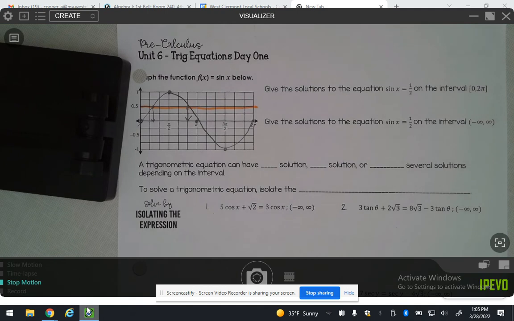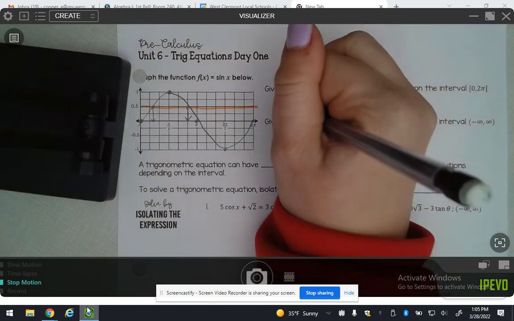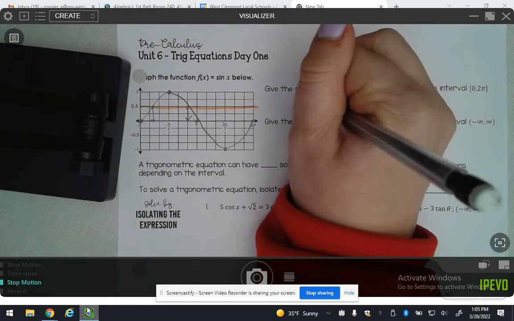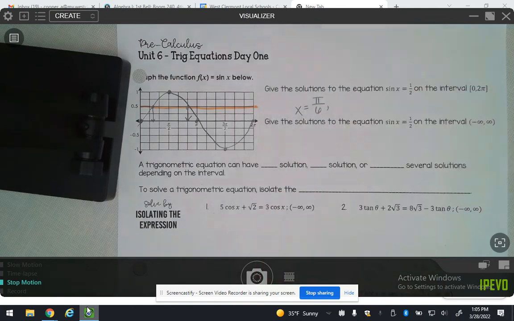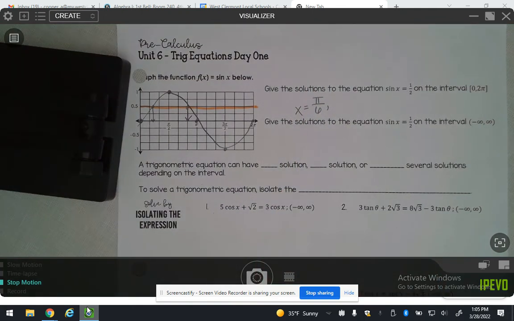What other quadrant is sine positive in? 2. So if I know my first one is pi over 6, what's my second quadrant pi over 6 angle? How do we know it's in quadrant 2?